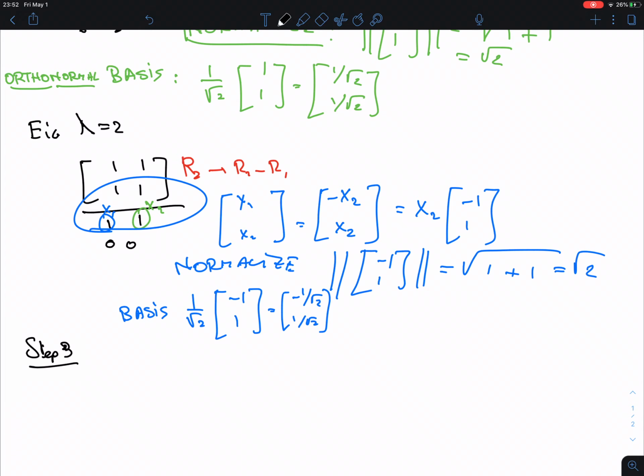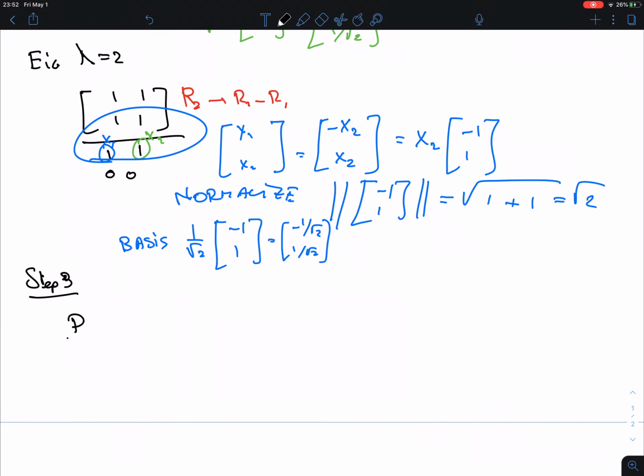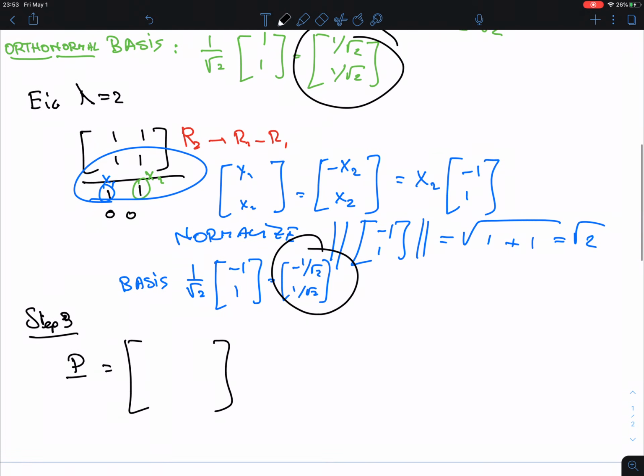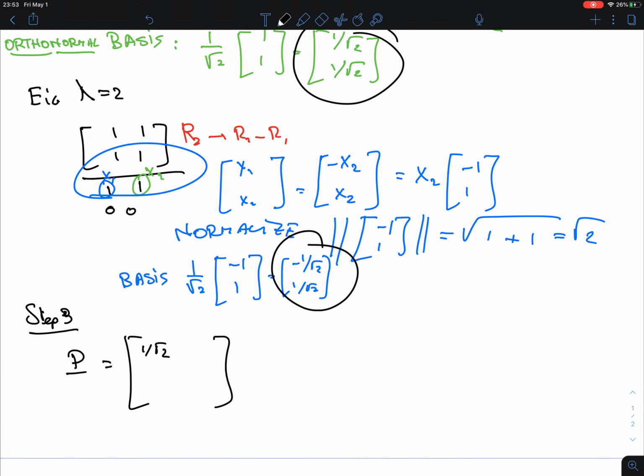We put everything together. P, our orthogonal matrix, is now obtained by putting these two basis vectors in there. I'm keeping the order that I have, so it's 1 over radical 2, 1 over radical 2, minus 1 over radical 2, 1 over radical 2. Oh, sorry, that's not what I meant to write.